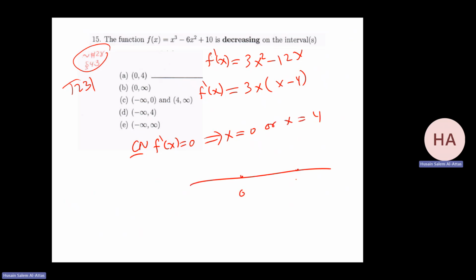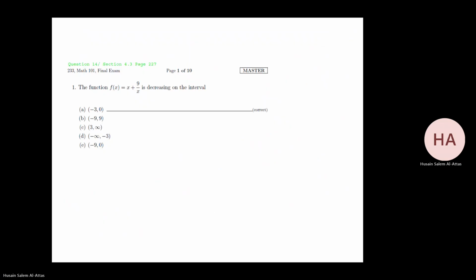This is 0, this is 4. Take a value less than 0, negative, negative, that will be positive. Between 0 and 4, positive, negative, that will be negative. More than 4, that will be positive. What does he want? Decreasing. Decreasing means between 0 and 4, which is this. The function is decreasing in this interval.